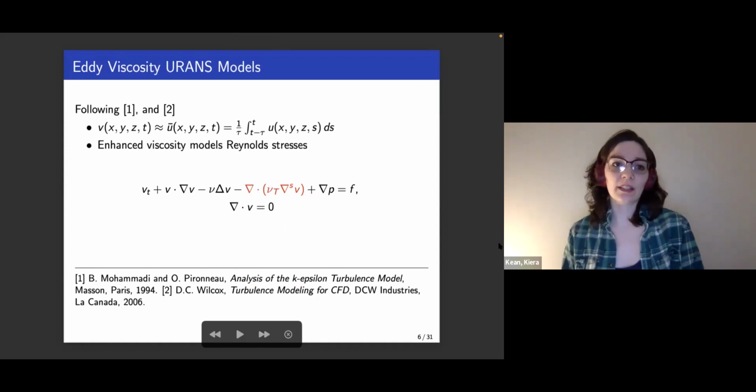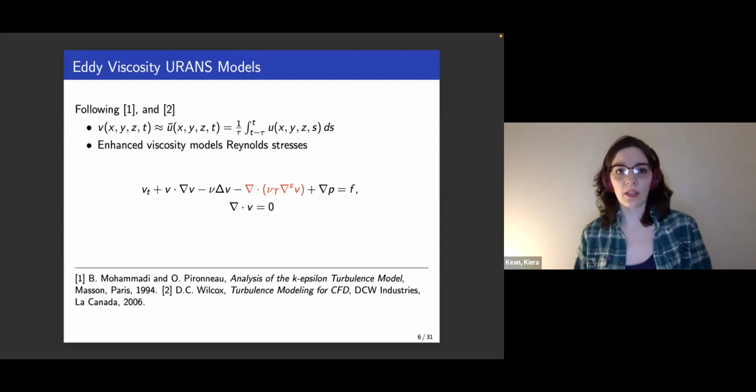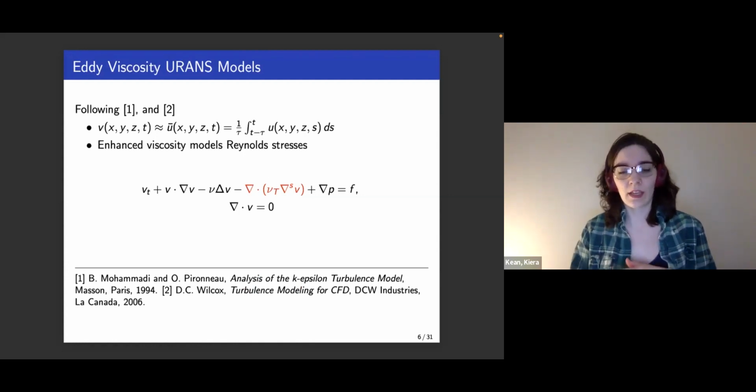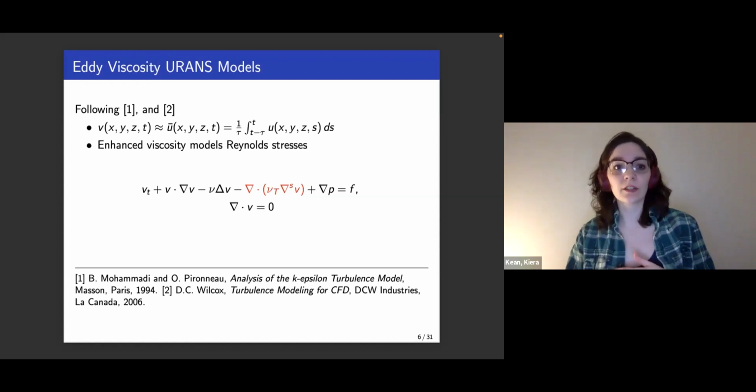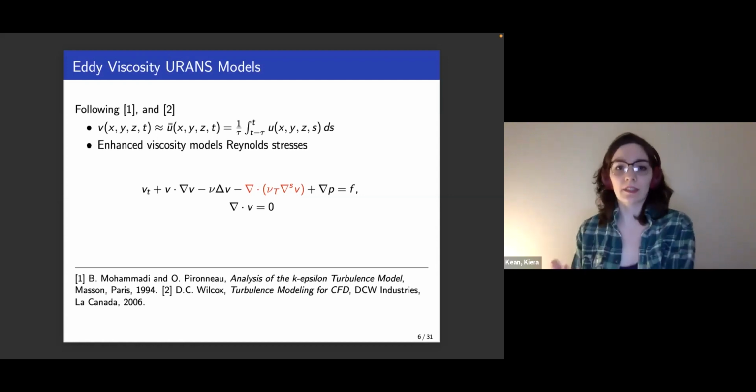So we'll be considering eddy viscosity URANS models. So the averaging would be a finite time average, and V approximates this average. We average backwards in time to preserve causality. If we're averaging the force, it's important that the future behavior not affect the current velocity.